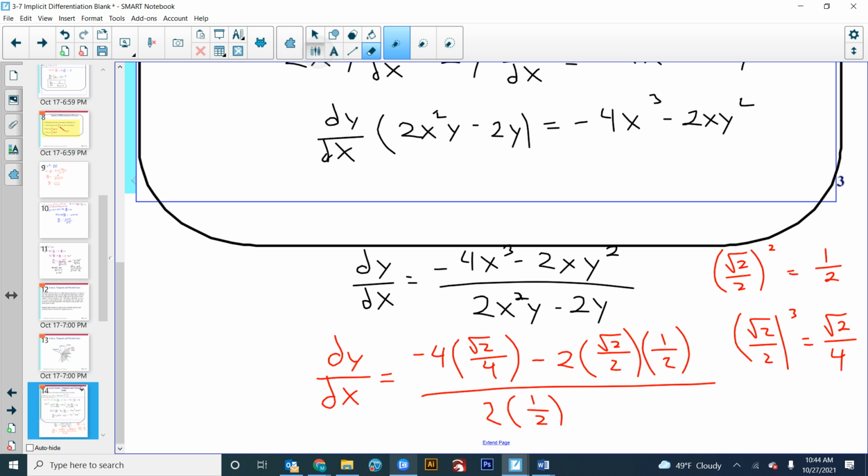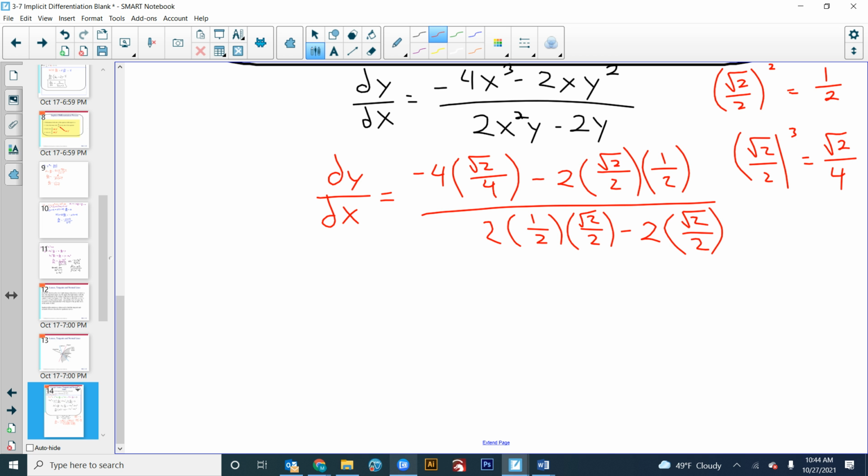Times y, which is radical 2 over 2, minus 2 radical 2 over 2. Get your canceling pencil ready. What if you had a canceling pencil? It has a job, it has a purpose.